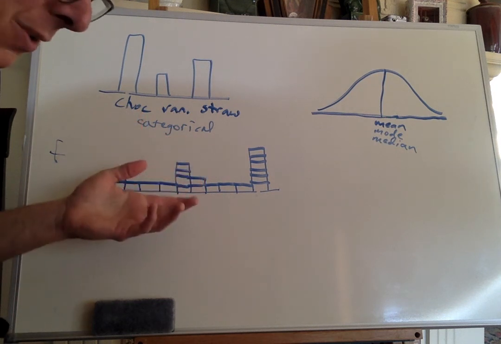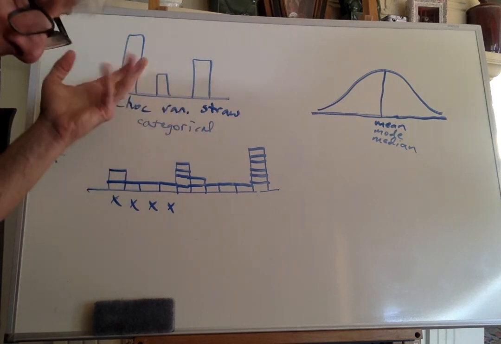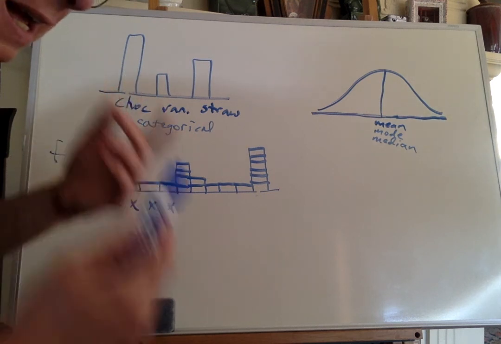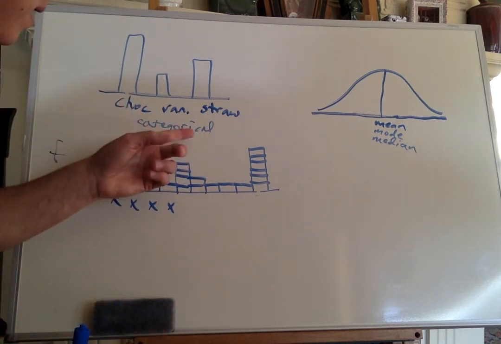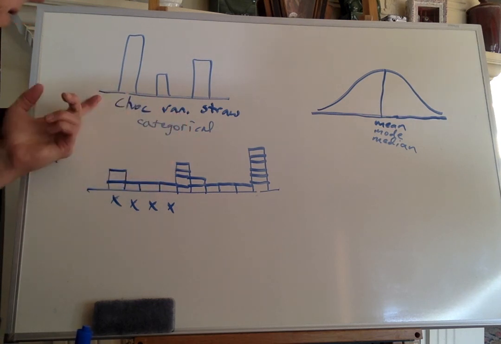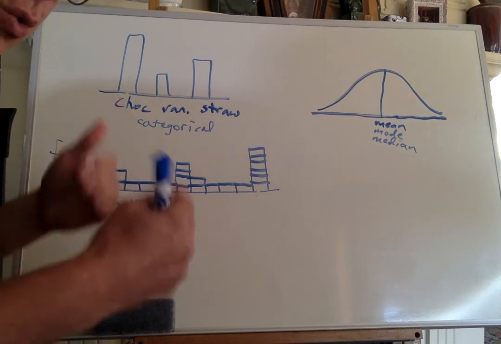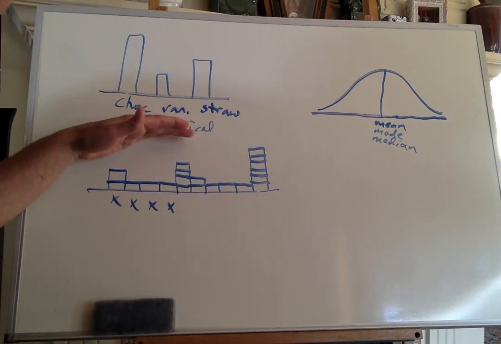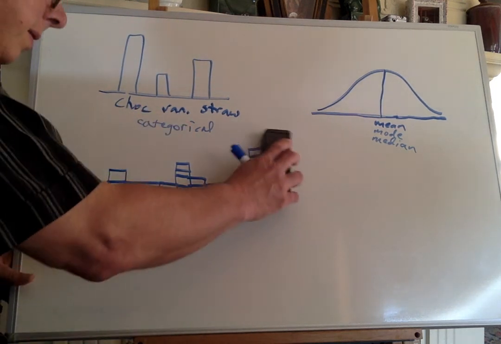The answer is no. It doesn't make any sense. We can't add and divide by the number of people. Can we get the median? We absolutely cannot get the median in categorical data because vanilla could be first or strawberry could be first. I mean, there's no order of these categories. So in categorical data, the mode is all that we have, okay?